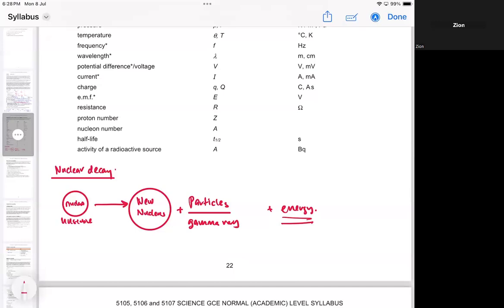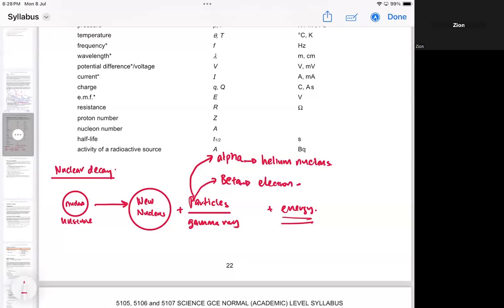There are two types of particles that can be given off: alpha particles, or beta particles. Alpha particles are basically the helium nucleus. A beta particle is basically an electron. And gamma rays is just gamma rays.